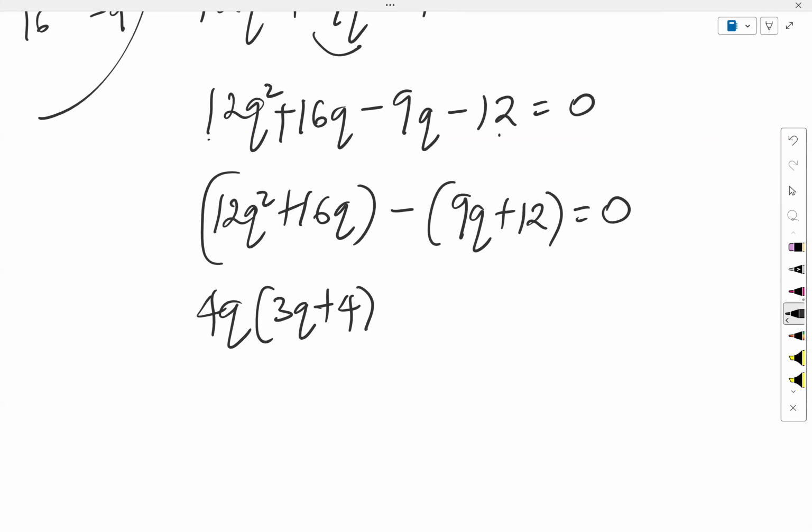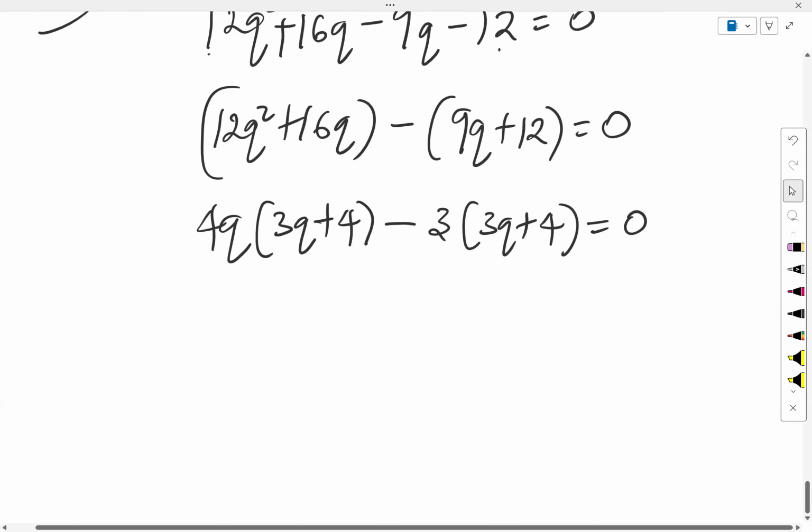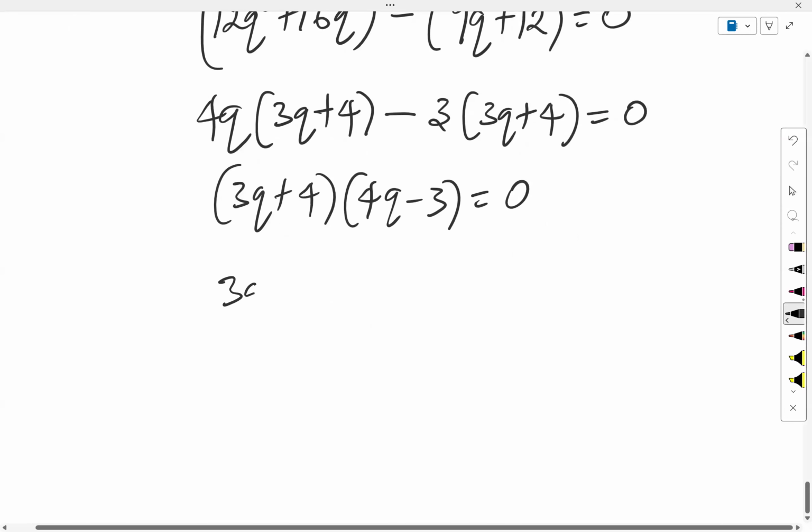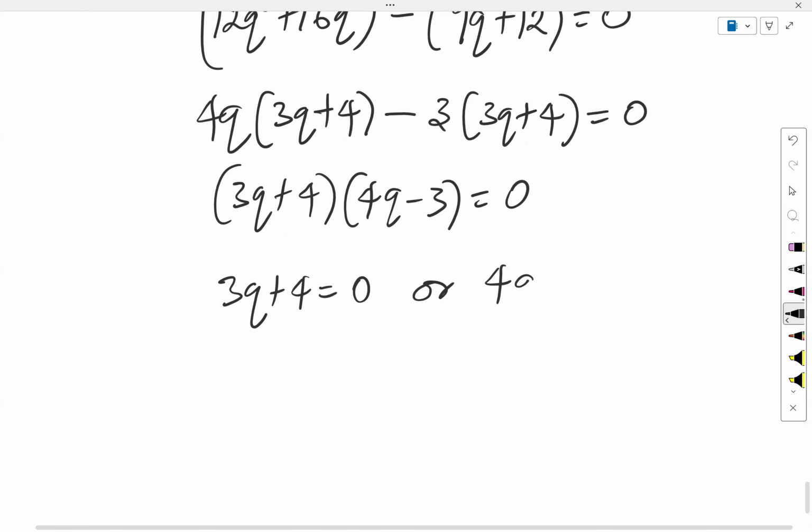Then minus 3 is common here, so 3 into 3q plus 4 again, and all of that is equal to 0. So you can have 3q plus 4 into 4q minus 3 equals 0. That means 3q plus 4 equals 0, or 4q minus 3 equals 0.